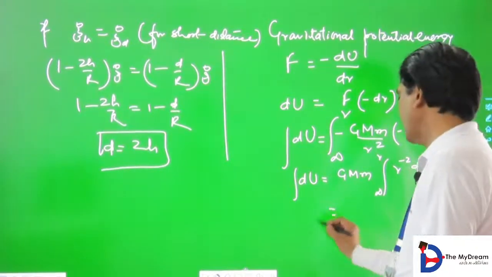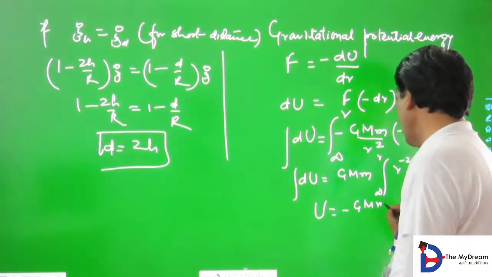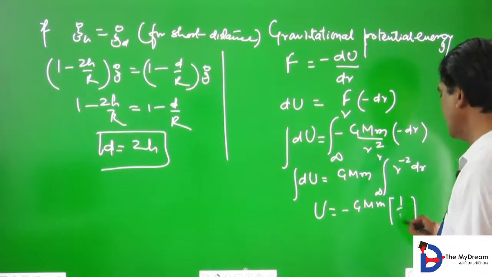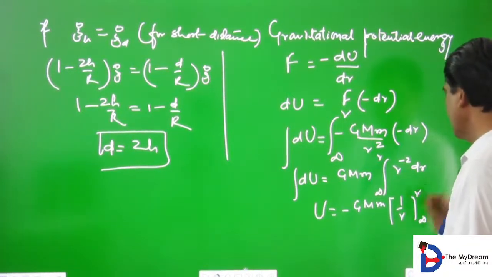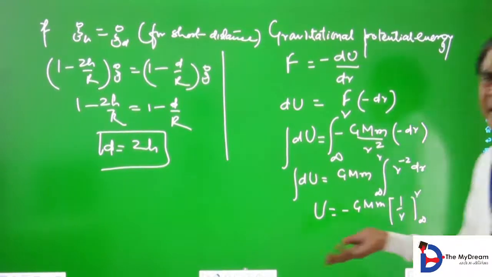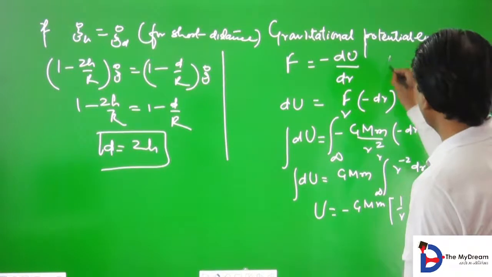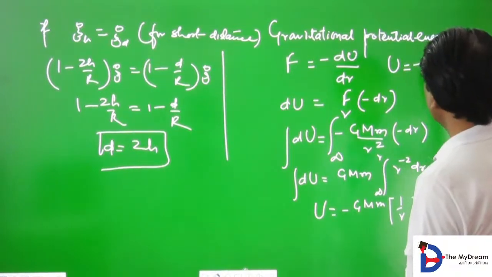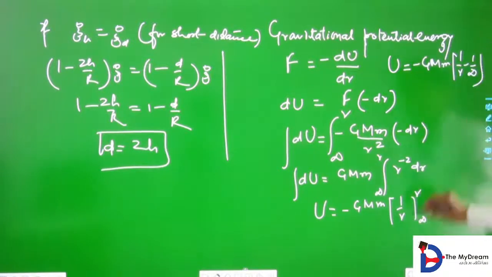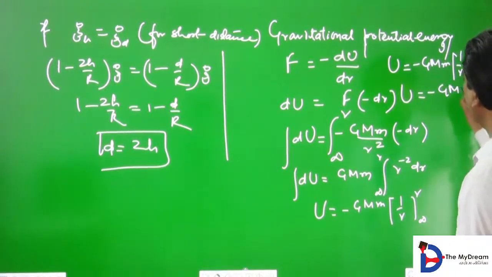Then you will get minus GMm times r raised to power minus 1 divided by minus 1, which is given by GMm by 1 upon r minus 1 upon infinity, upper limit minus lower limit. So you will get GMm by r.